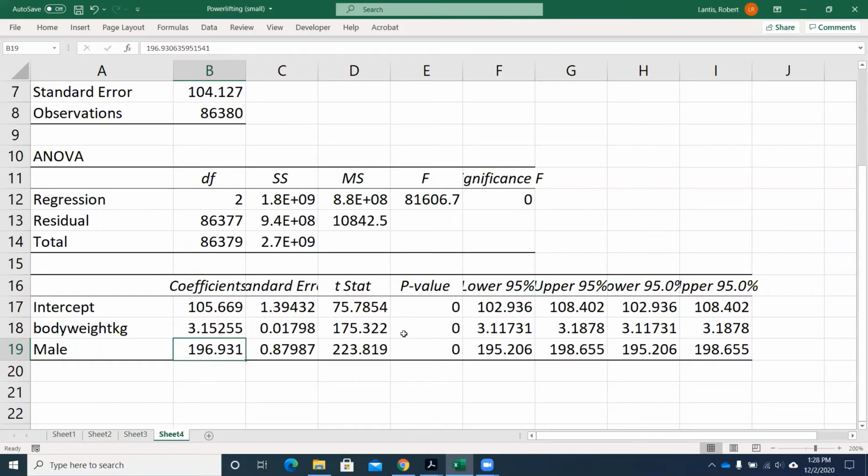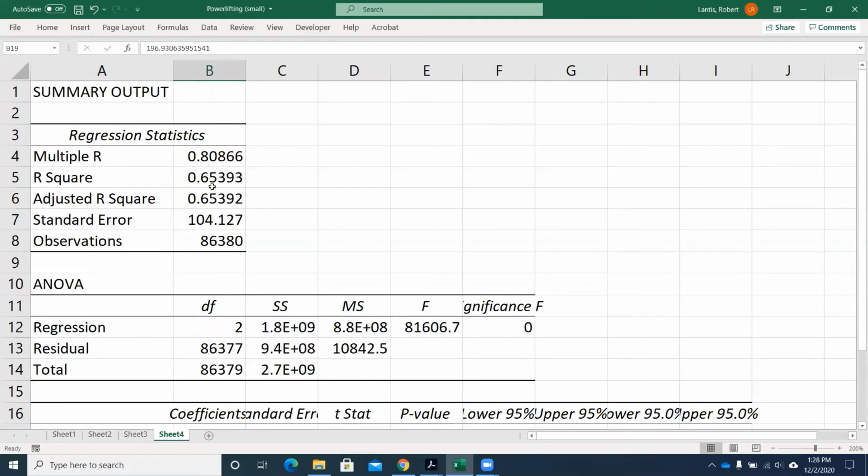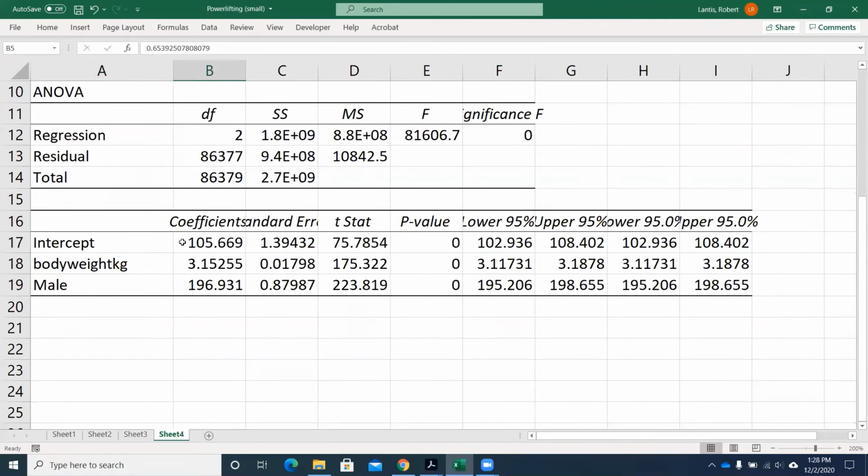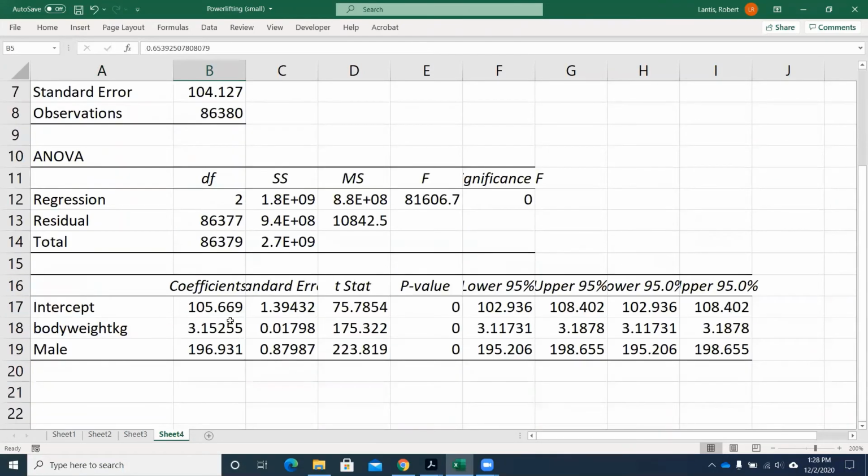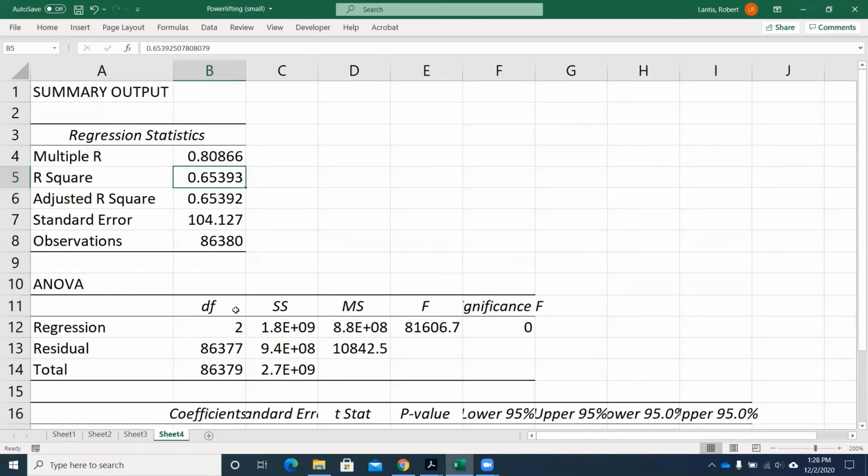All these p-values are 0, so we can say that all of these estimates are significant at the 10, 5, and 1% levels. We're now up to explaining about 65% of the variation in the amount of weight that's lifted, the R squared, just by these two variables.